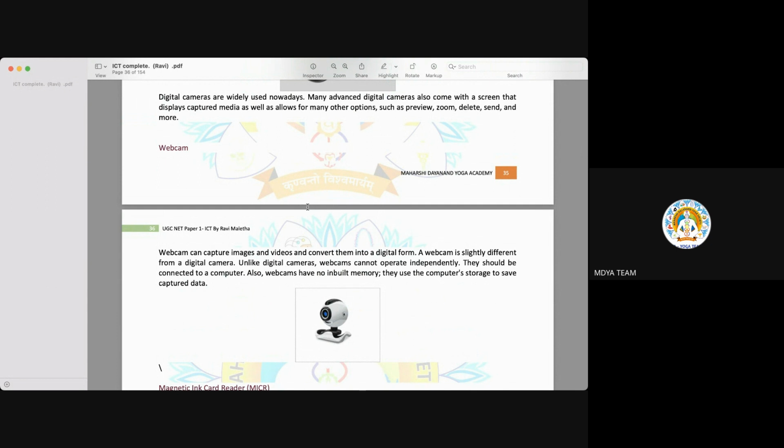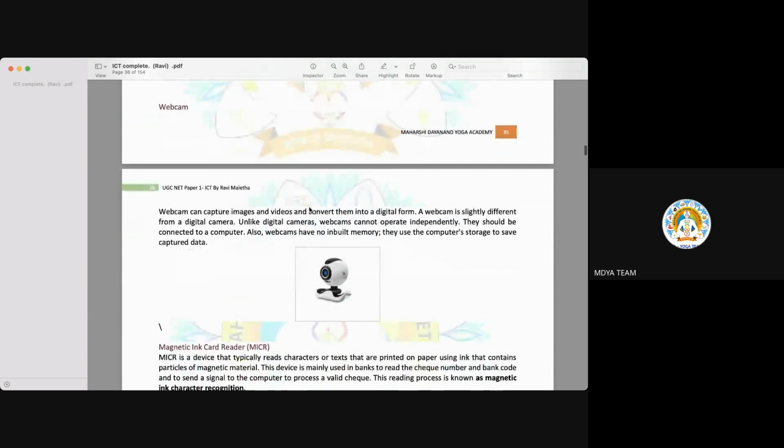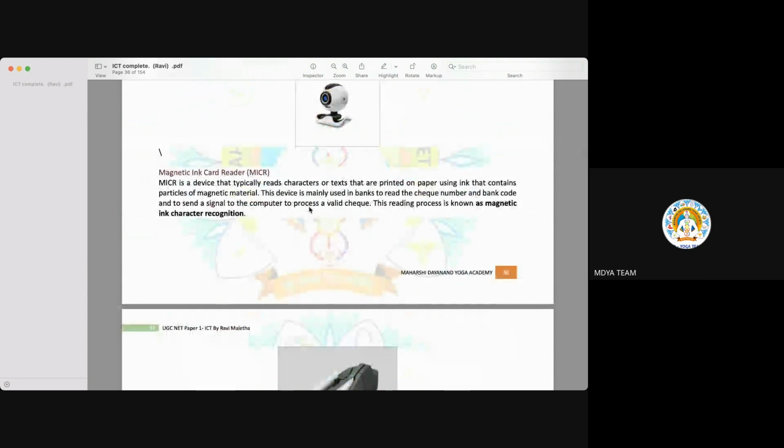They convert the video into digital form, and then the computer processes those images and photos and operates independently. This webcam doesn't have inbuilt memory; it is just a separate device to capture images, and those images are stored and processed by the computer which is connected to the webcam.